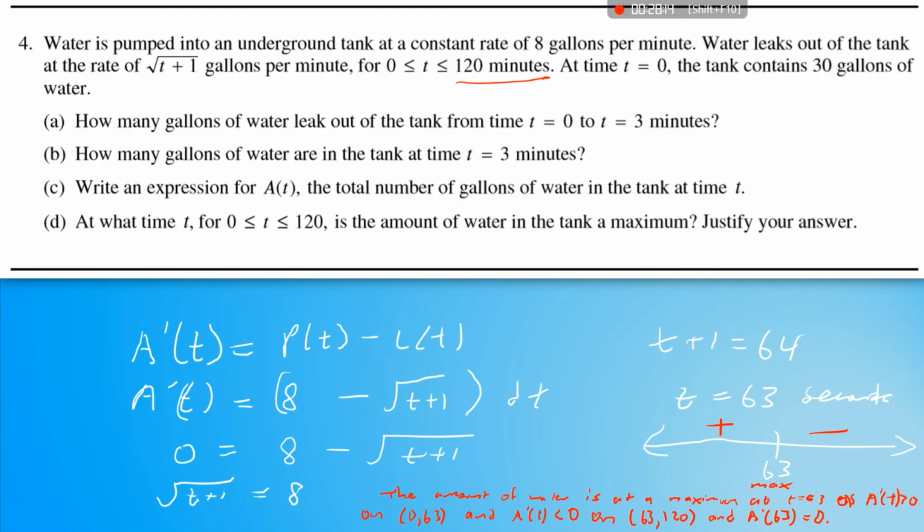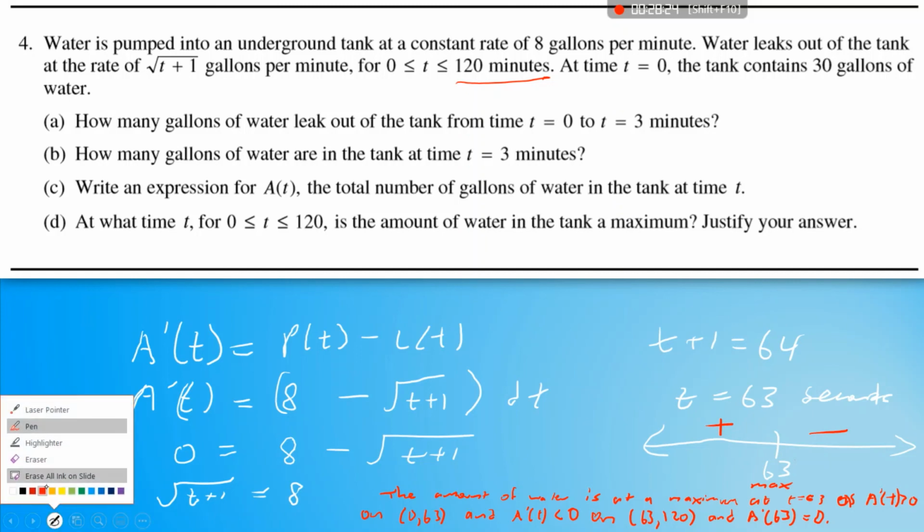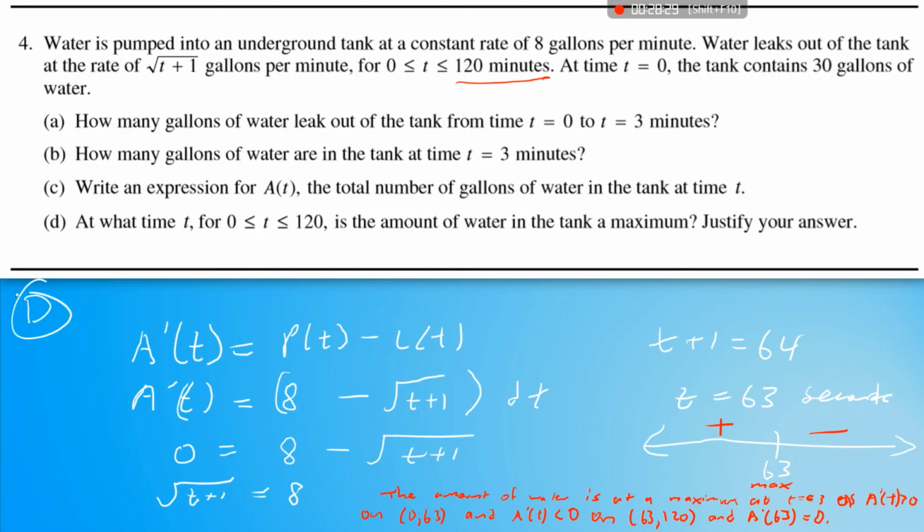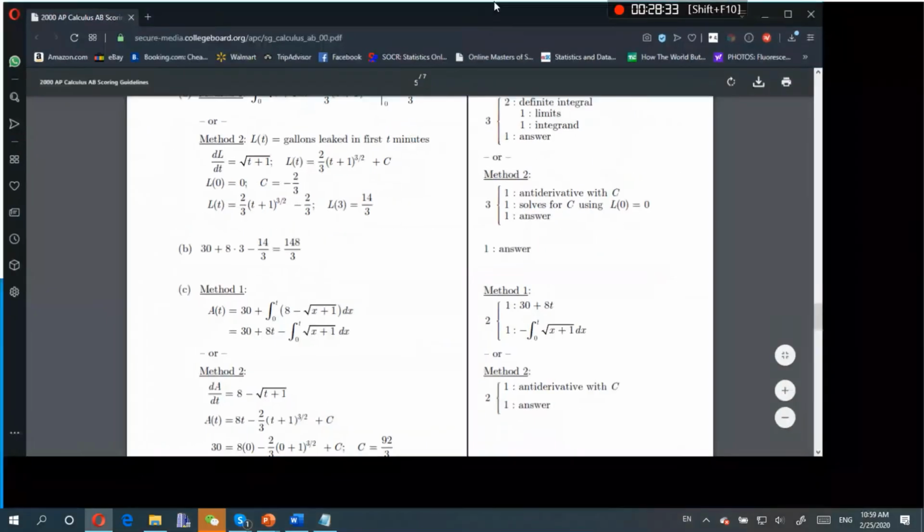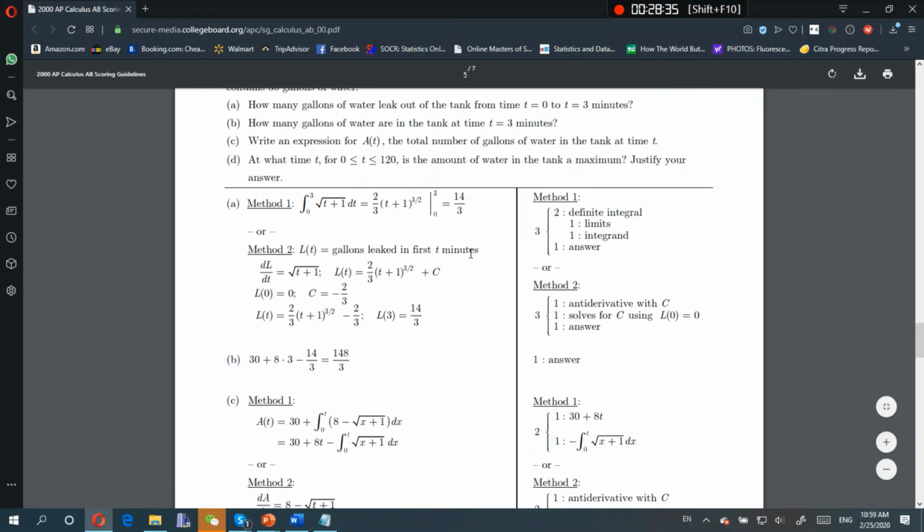Okay. Any questions on what we did? No. Okay, so I'm going to go back and we'll check our answers versus the scoring guide really quick. Okay, so for the first one, definite integral limits, integrand and answer.